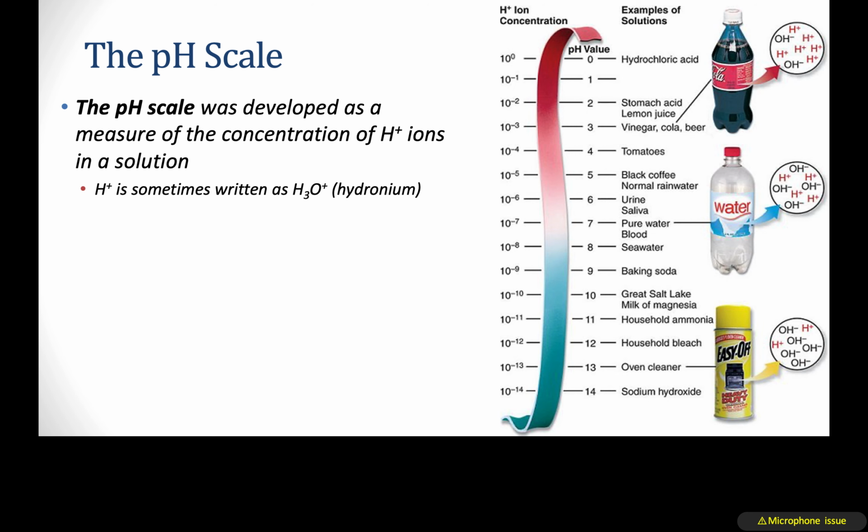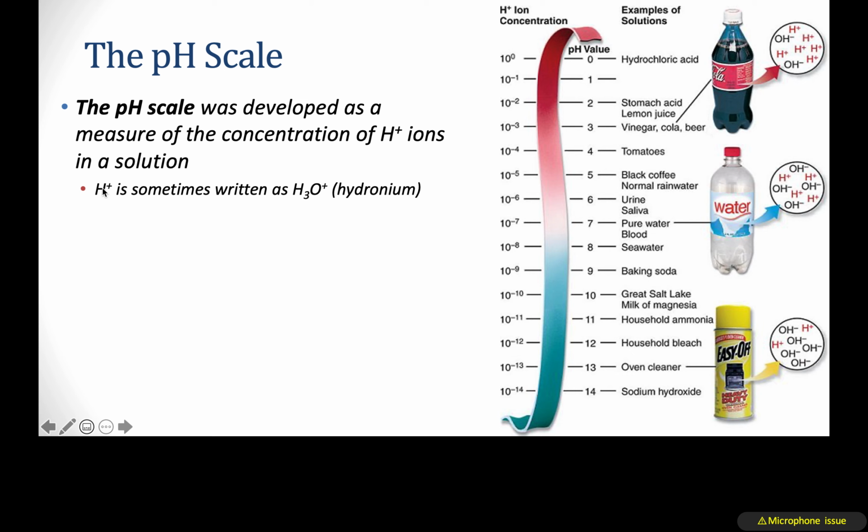Sometimes you're going to see H plus written as H3O plus, which is called hydronium. It's the same thing. H plus and H3O plus is the same thing. It doesn't look like the same thing, right? There are different ways to write acids and the ions they contribute.